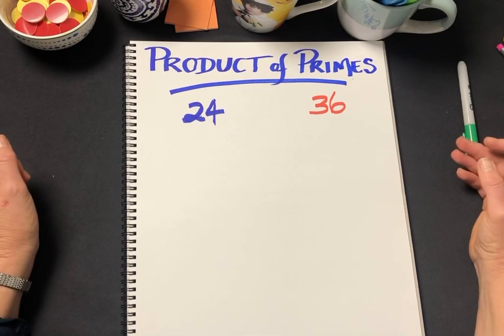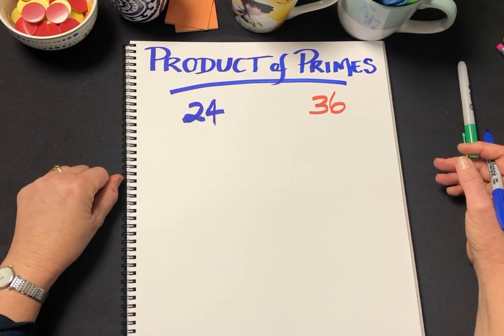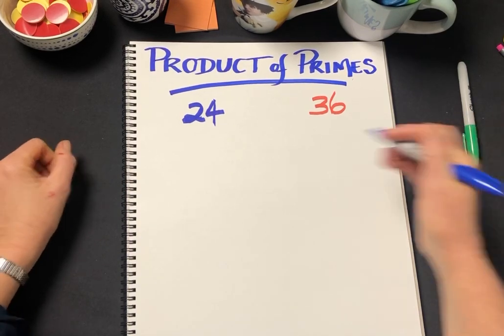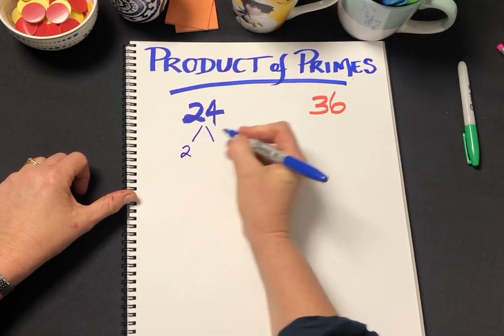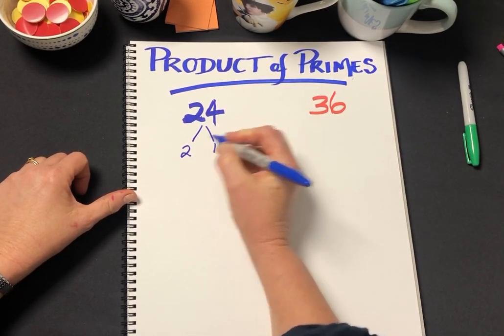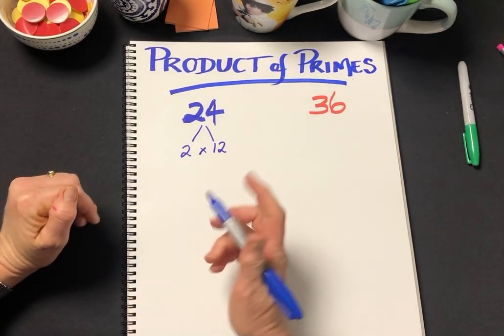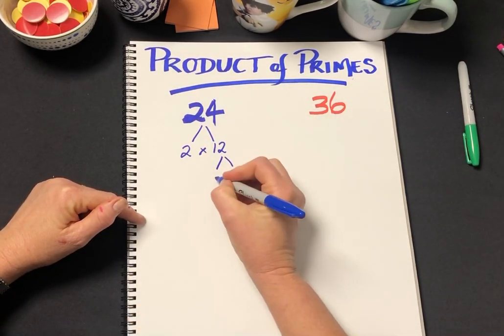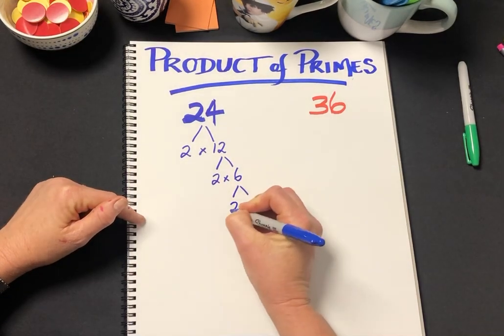Now, factor trees are something that I find students generally have some solid success with. Even if they don't know their times tables, most of them can represent a number like 24 in a factor tree, because they tend to be very good at halving and doubling. So they can see 24 as 2 times 12, 2 times 6, and then 2 times 3.